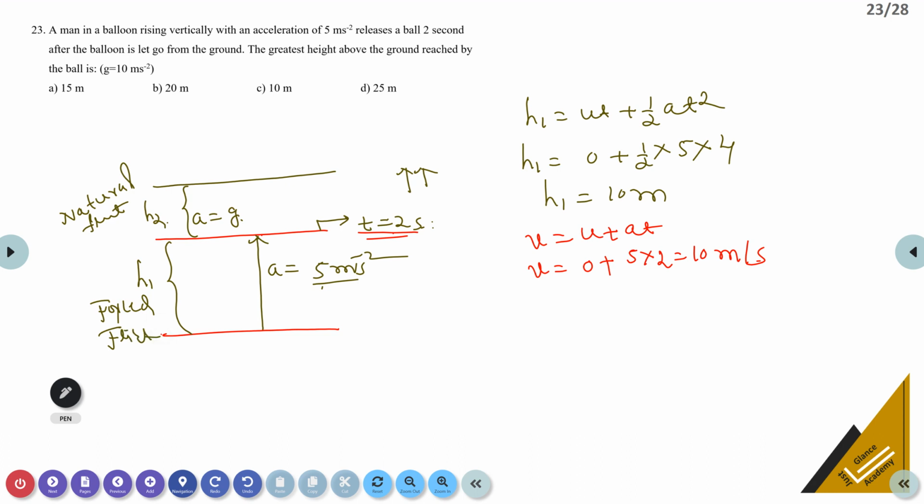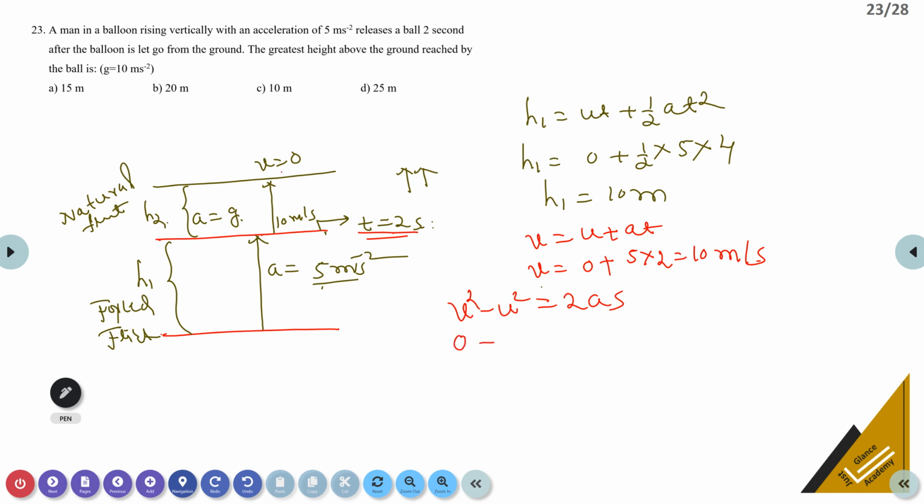When the stone is thrown vertically up with some velocity, whatever the final velocity is in this stage becomes the initial velocity. This is 10 meter per second, and here it becomes 0. Now I want to calculate this. Use the equation v square minus u square equal to 2as.